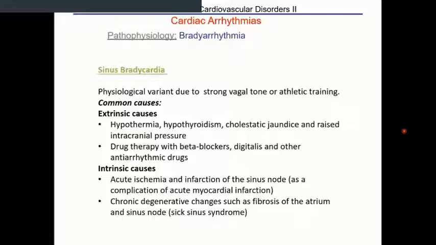However, extreme sinus bradycardia, if you have less than 35 beats per minute as a result of sinus node dysfunction, may cause symptoms in the individual. So treatment may involve atropine to temporarily increase the sinus rate, or if it is due to some medications, you can withdraw the offending medications as necessary.